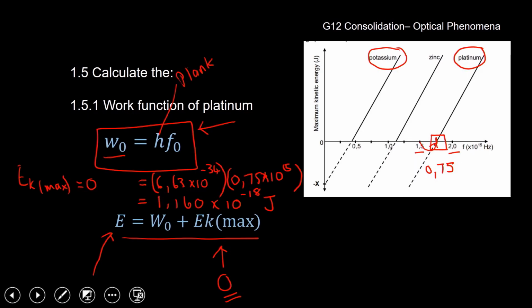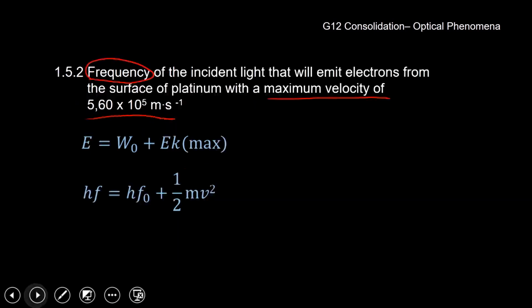If we look at this graph, we can see it. Our threshold frequency is 0.75 times 10 to the 15 hertz. But that's not going to allow electrons to be emitted right off the surface with a kinetic energy.